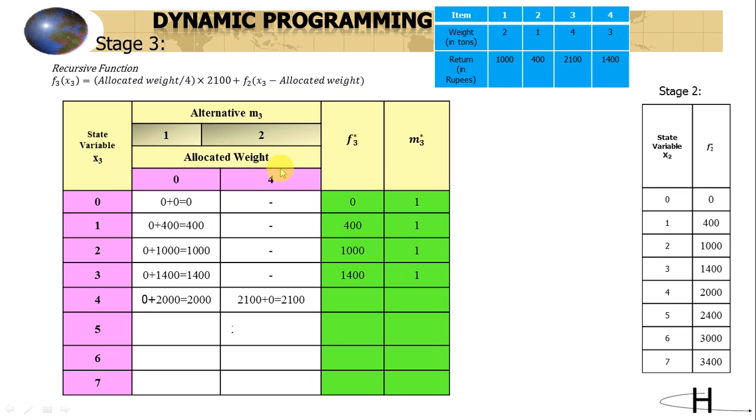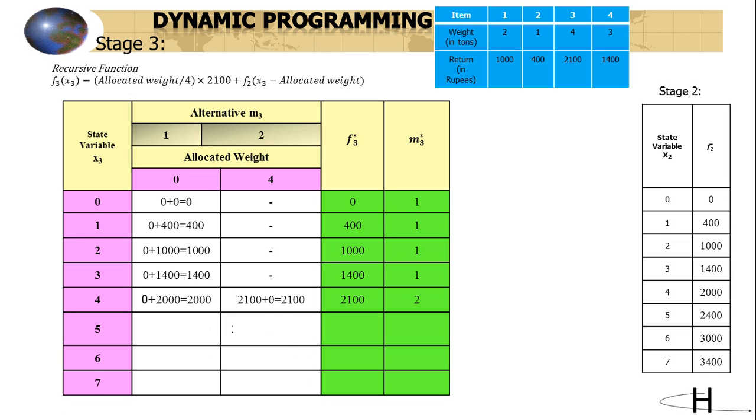So when we allocate weight 4, the value will be 4 divided by 4 multiplied by 2100, so this will be 2100, plus x3 is 4 minus allocated weight 4, so it will be 0. So f2 of 0 is 0. So 2100 plus 0 is 2100. The best recursive function value is 2100 with respect to alternative 2.